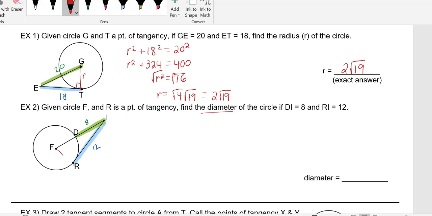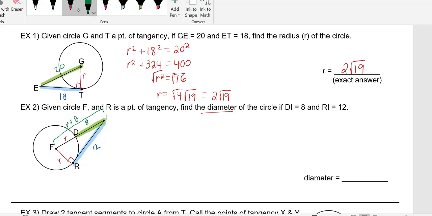So let's draw in our radius of FR and label that as R or X. When we create this Pythagorean theorem, right, we need the whole side of our triangle. FI is that whole side. We need to create an expression to represent that. FD, we can label as R because that is a radius as well, meaning that whole hypotenuse would be R plus 8.